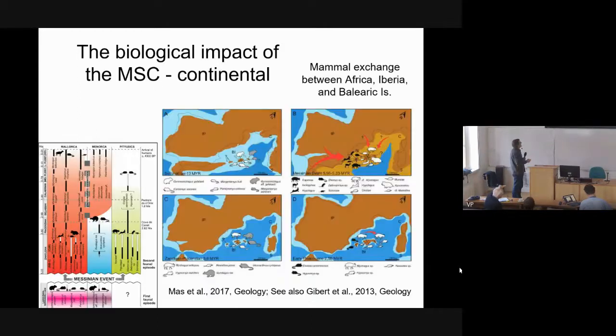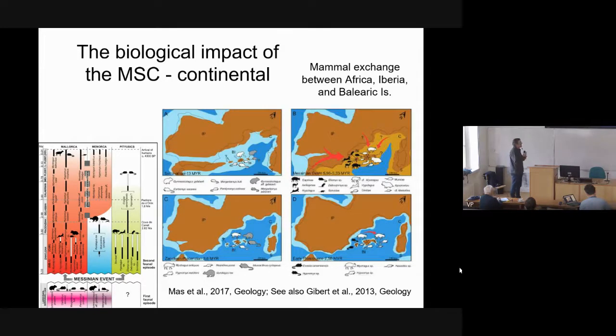So that's one example. Another is the impact that this had on the dispersal of mammals from Africa to Iberia, and, as I show in this picture, from Iberia to the Balearic Islands, for example. So suddenly new species arrived there.